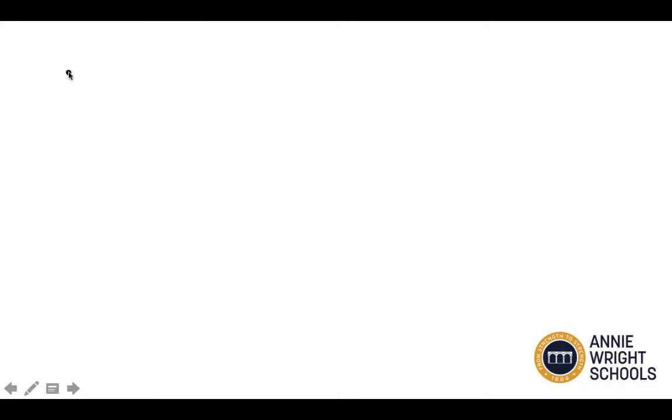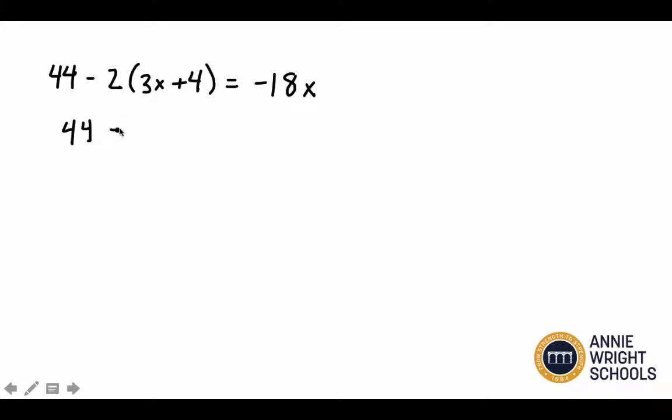So take a problem like 44 minus 2 times 3x plus 4 equals negative 18x. If you were going to solve this problem, I hope you would start by maybe distributing that negative 2.